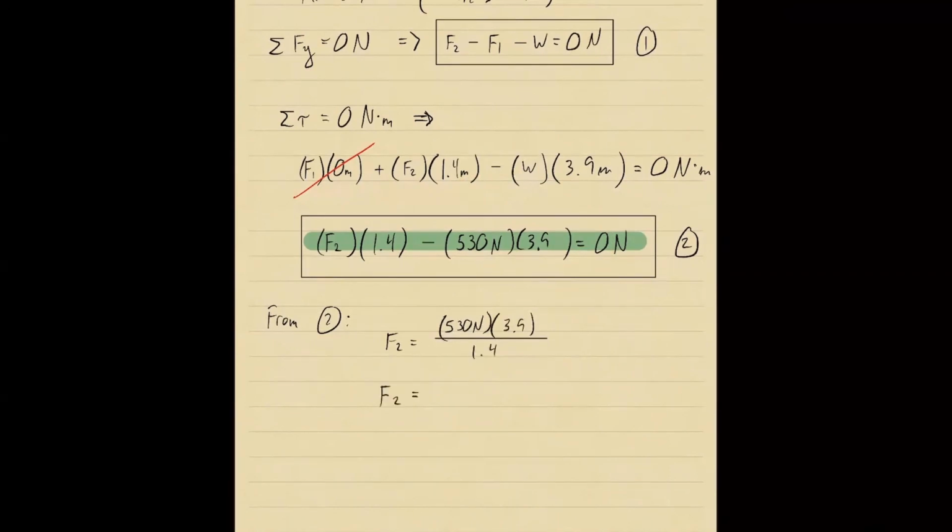And so this tells us that the magnitude of the fulcrum pushing up on the diving board, F2, is equal to 1,476 newtons. Right, so that's one of our answers.